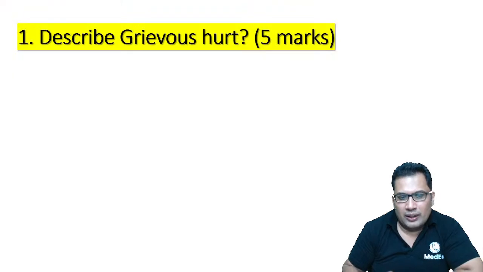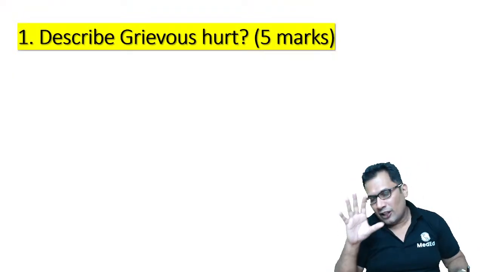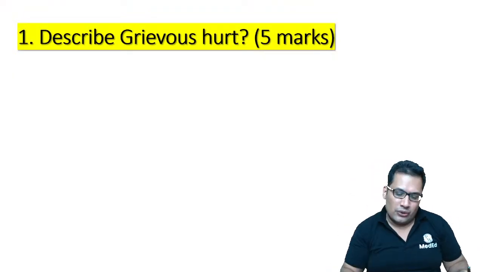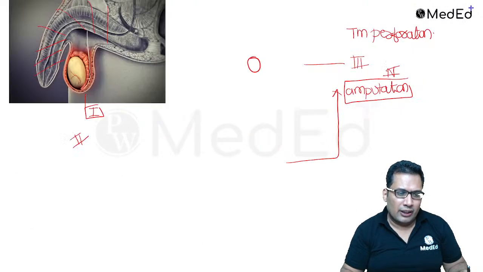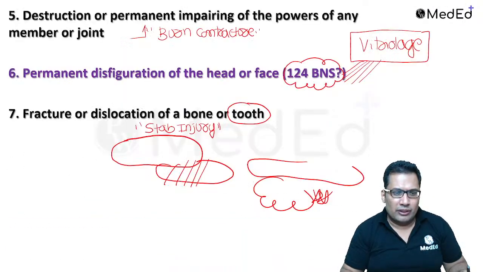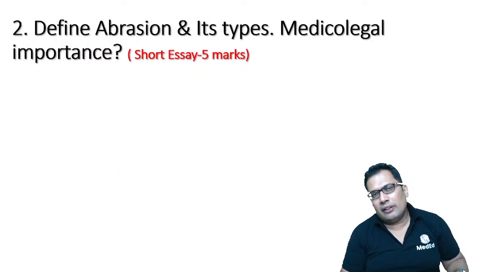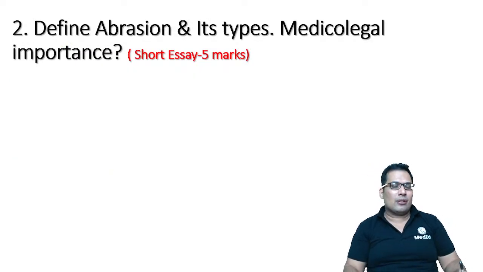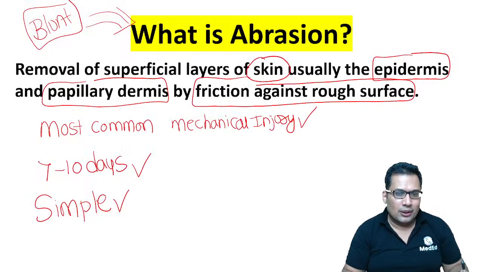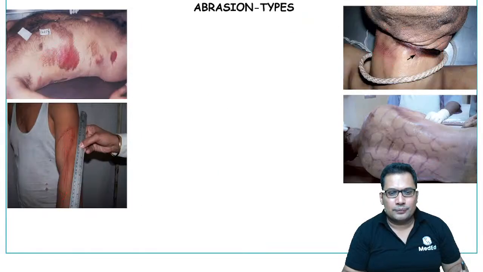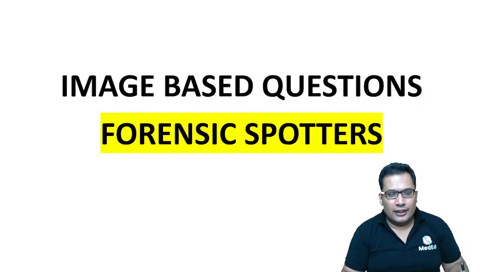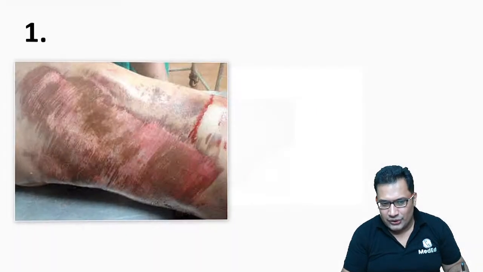What we completed today, I'll just summarize the topics. We started with grievous hurt, a 5 marks question. Grievous hurt is very important, so we discussed the 8 clauses. After that, we discussed abrasion and types, medico-legal importance, a very important question. Then we discussed some image-based questions.